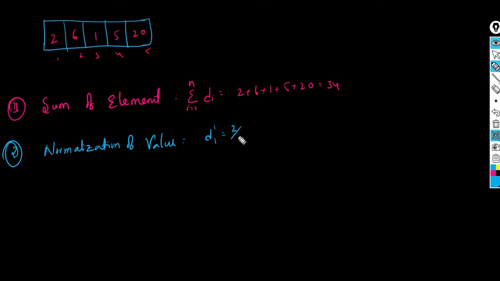For this one, 2 by 34, we get 0.05. Similarly, d2 dash is 6 by 34, and here we will get 0.176.